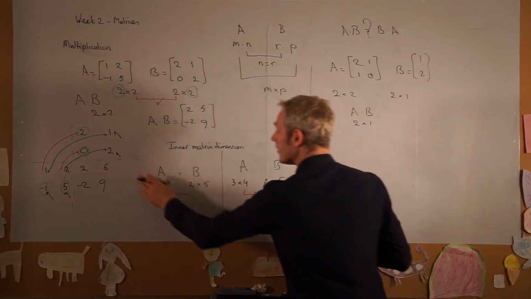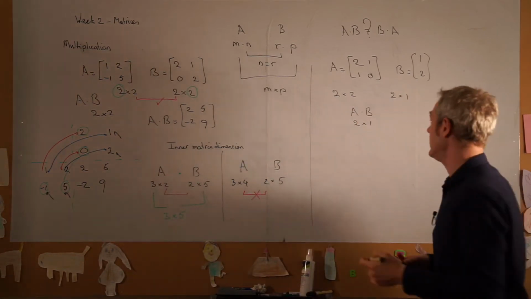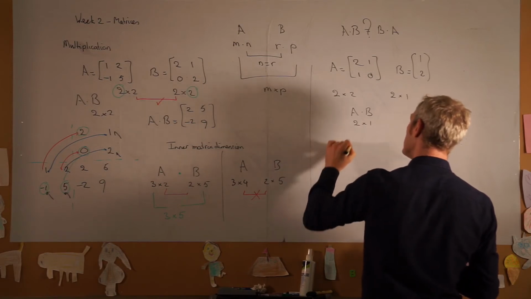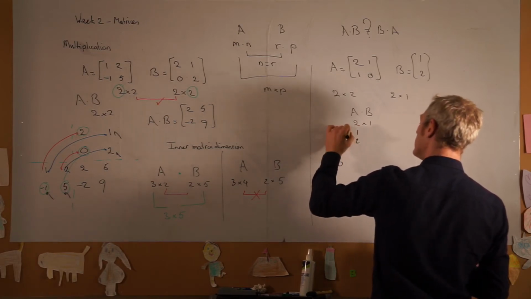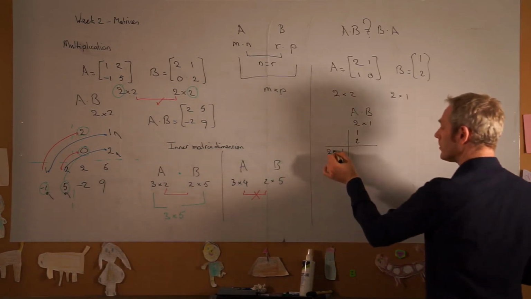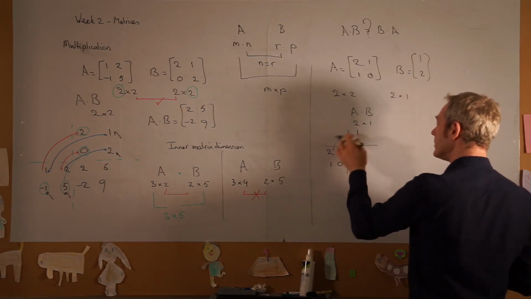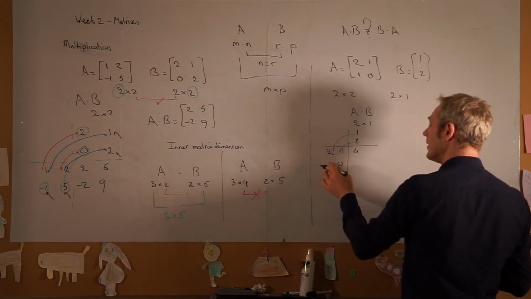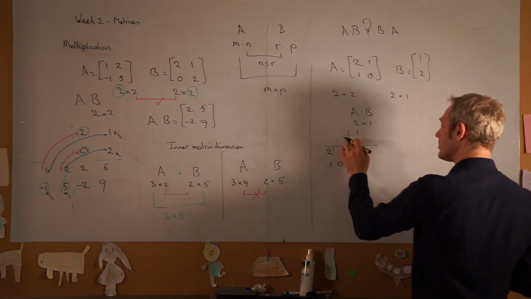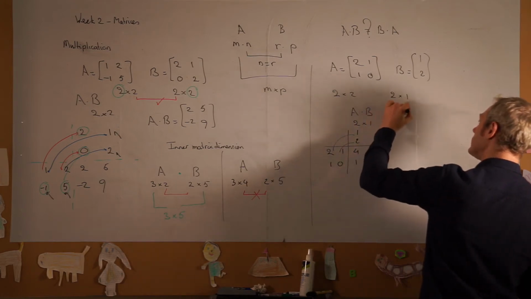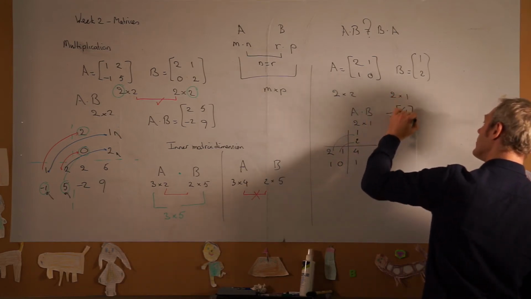I'll use my trick here: we have 2, 1, 1, 0, and we have 1, 2. Then I multiply these two plus these two, so 2 times 1 plus 1 times 2 is 2 plus 2 equals 4. 1 times 1 plus 0 times 2 is 1 plus 0 equals 1. So A times B is equal to [4; 1].